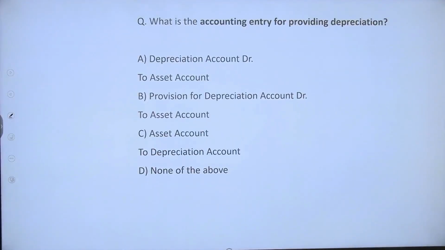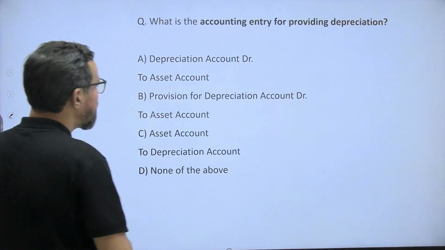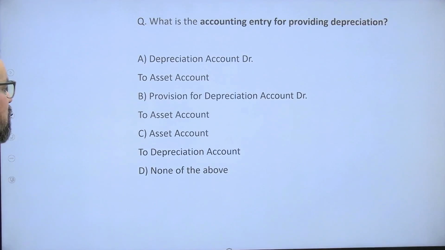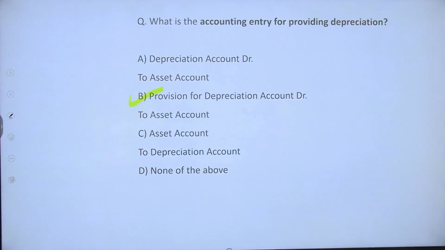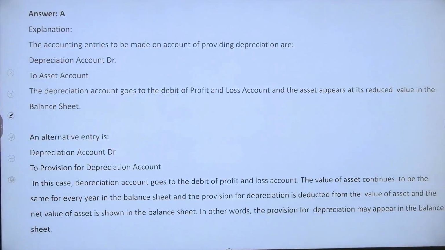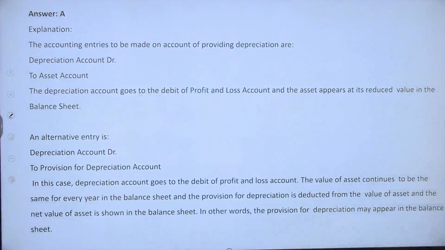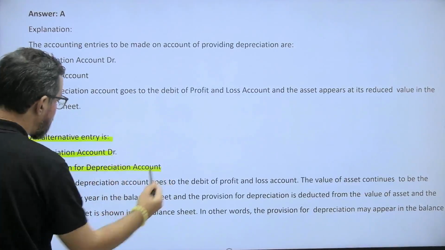What is the accounting entry for providing depreciation? Depreciation account to asset, or provision for depreciation to asset. So option B will be the right answer for this one. Again, the accounting entry for providing depreciation: depreciation account to provision for depreciation.